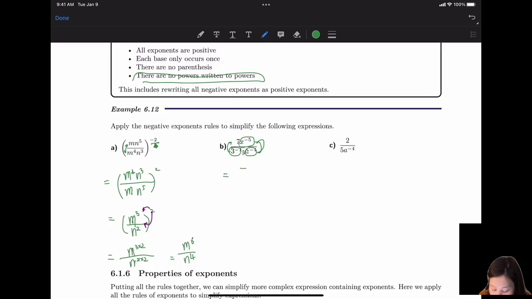Okay, so we have a 7. What needs to move on top? 3 is going to move on top. Z to the negative 4, after it moves on top, the negative sign is gone. We will get a positive. Y remains in the bottom. And x to the negative 5, once it moves to the bottom, is going to be a positive 5. Now merge the like terms.